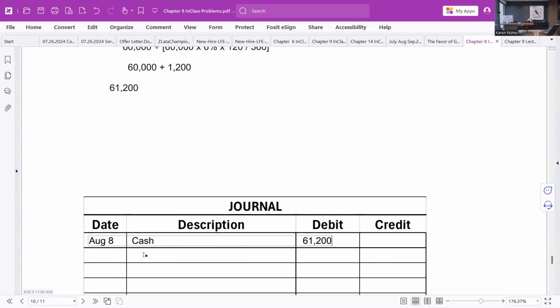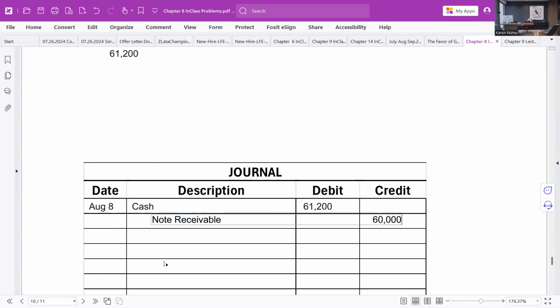And we want to recognize now that this note's been collected. This $60,000 note has been collected, and we've earned some interest. There we go. And that's it.